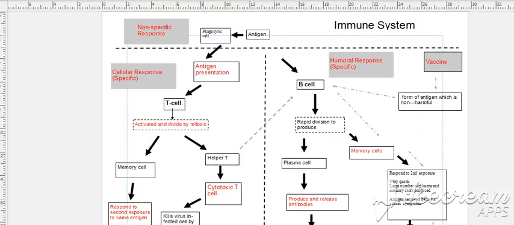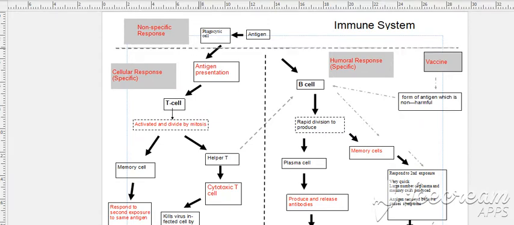They're going to engulf that pathogen. They will then enclose it within a vesicle. The lysosomes will then bind with the vesicle and empty their contents, which contain hydrolytic enzymes, which will then digest the pathogen.